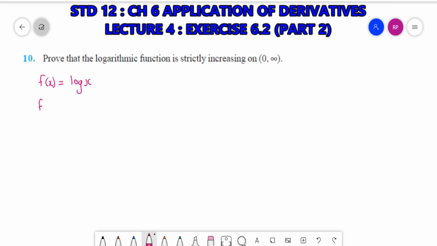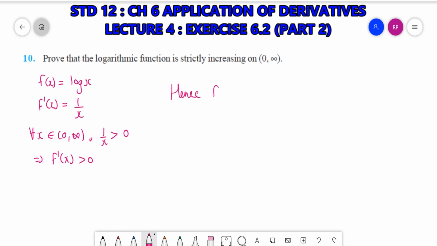So differentiating it, I will get f dash x is equal to 1 by x. Right, now for every x belonging to 0 to infinity, means for positive values of x, 1 by x will always be greater than 0. That implies f dash x is greater than 0.